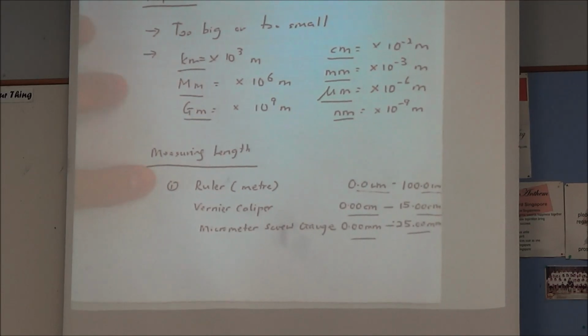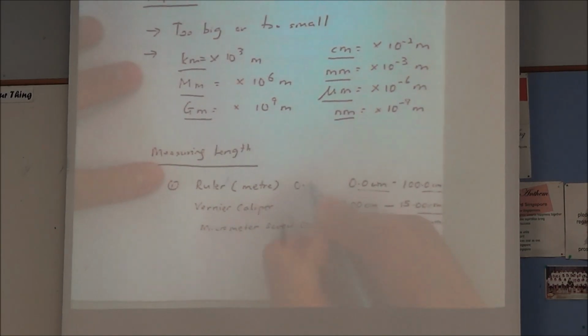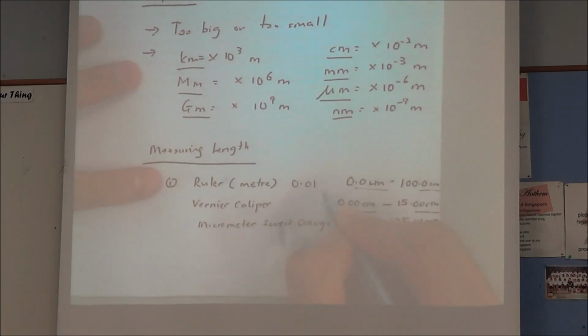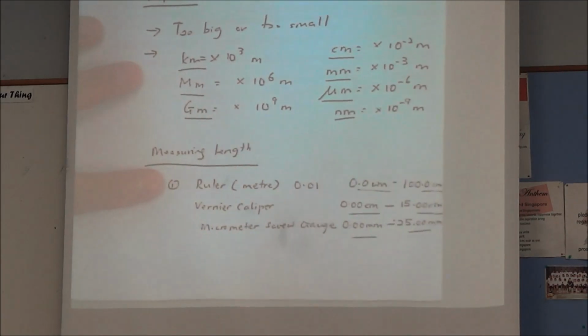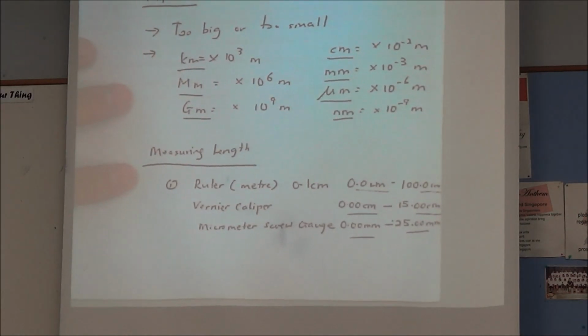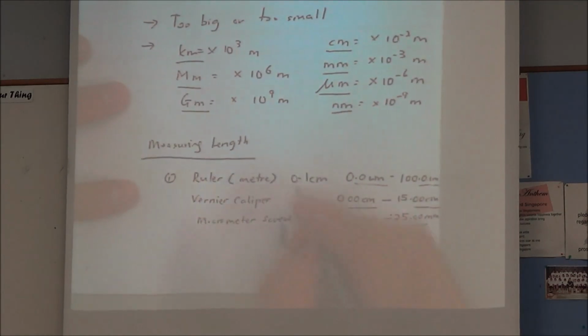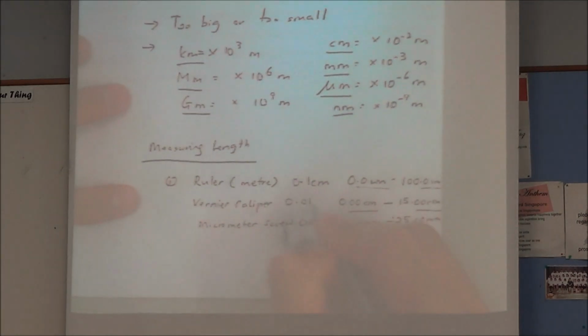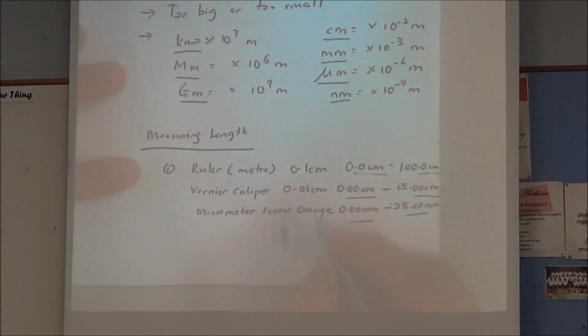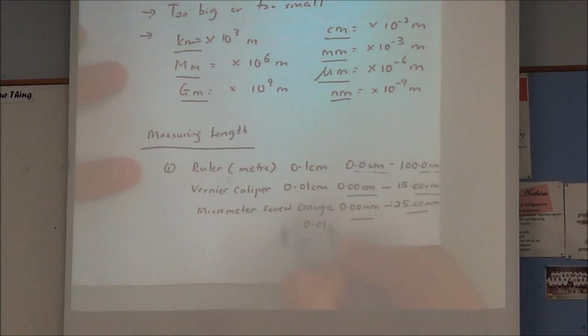The ruler reads a smallest reading of 0.1 centimeter. The vernier caliper can read the smallest of 0.01 centimeter, and the micrometer can read the smallest of 0.01 millimeter.